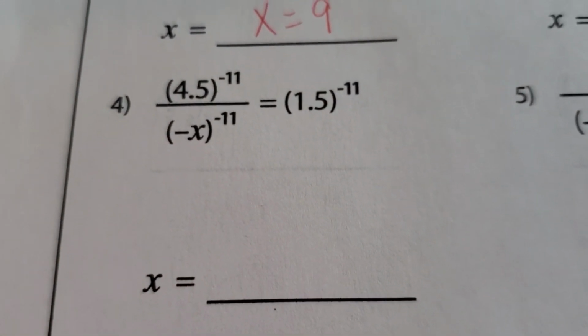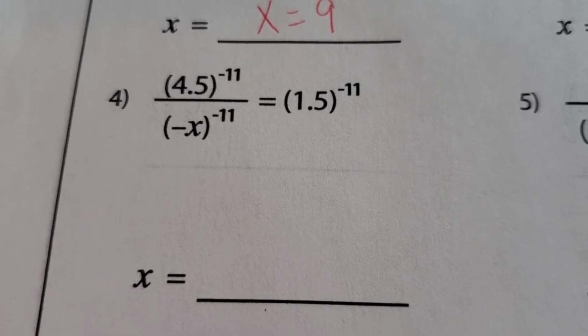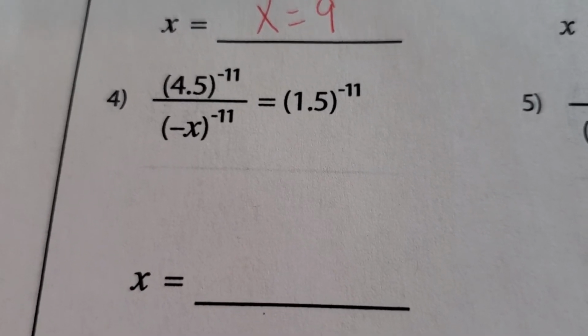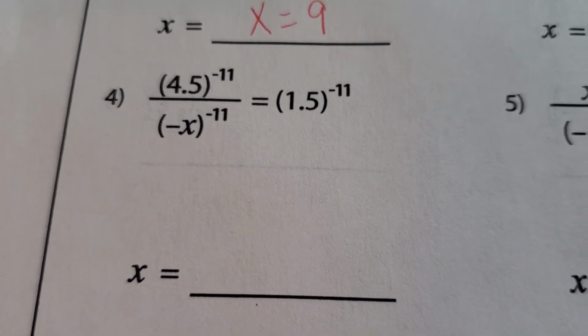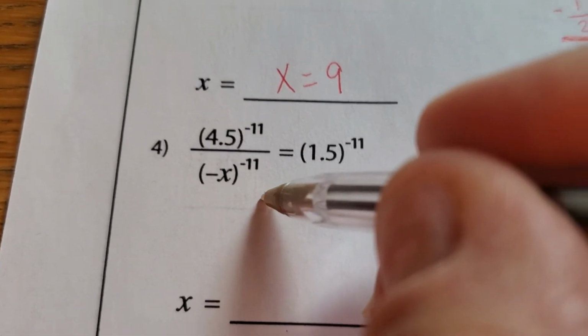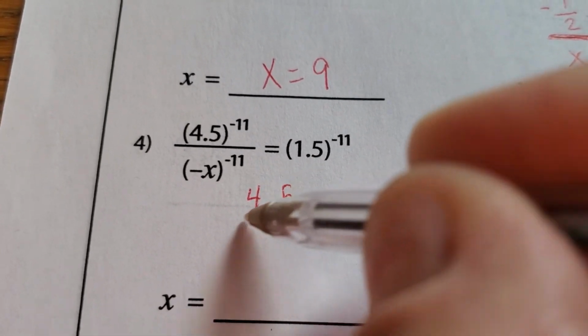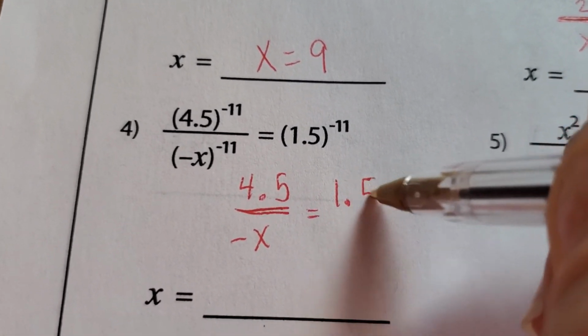Question number 4. We've got 4.5 divided by negative x equals 1.5. So I'm going to do very similar setup as I did in number 2. So I'm going to have 4.5 over negative x equals 1.5.